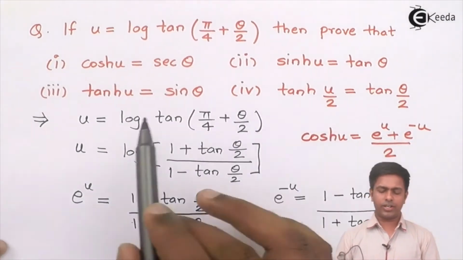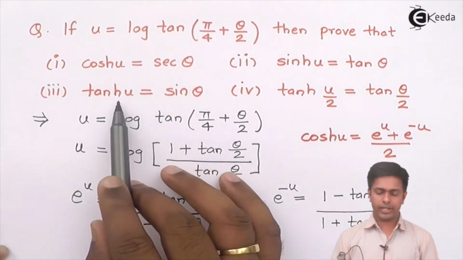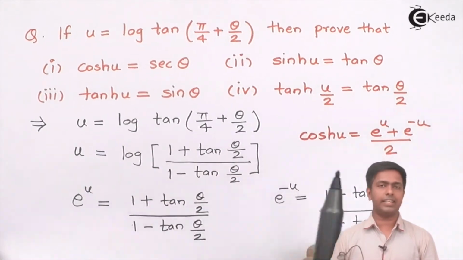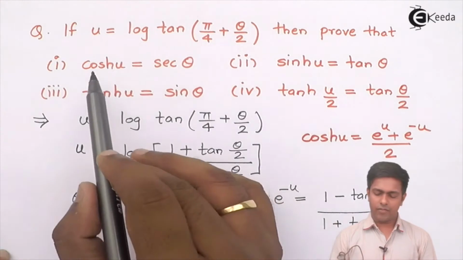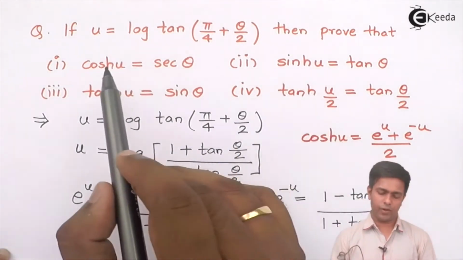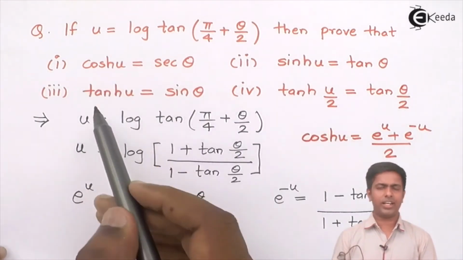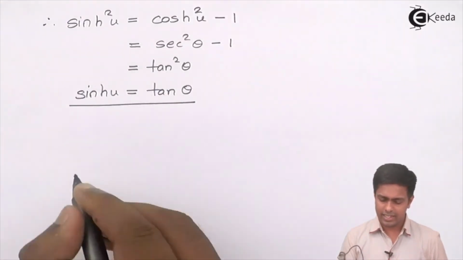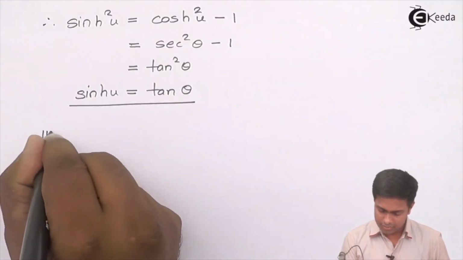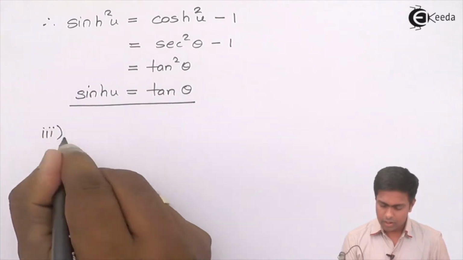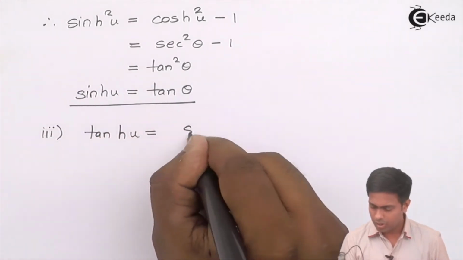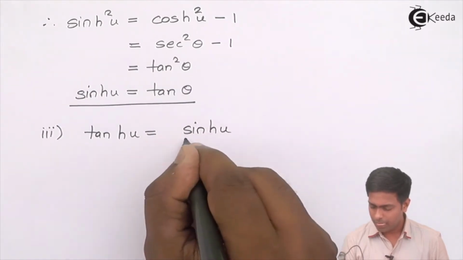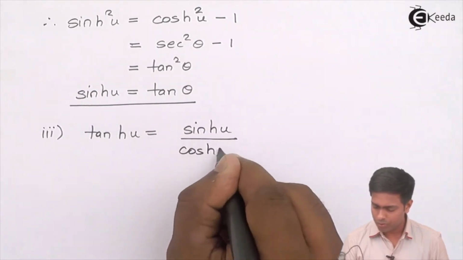Now let's move to the third result. Here we have to prove that hyperbolic tan u is sine theta. To get this result, we have the value of hyperbolic sine u and the value of hyperbolic cos u. Let's divide them to get hyperbolic tan u. So the third result: hyperbolic tan u is equal to hyperbolic sine u upon hyperbolic cos u.